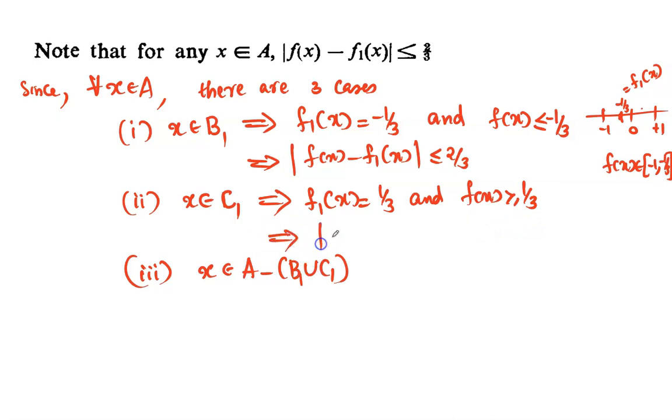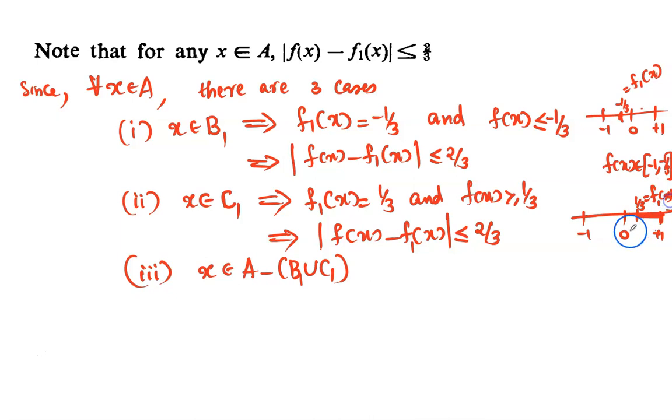Here also we can observe that the absolute value of f(x) minus f1(x) is less than or equal to 2/3. Here f(x) will be a member of this subinterval and this is equal to f1(x). So the distance between f(x) and f1(x) will be at most 2/3. That is the length of this subinterval.